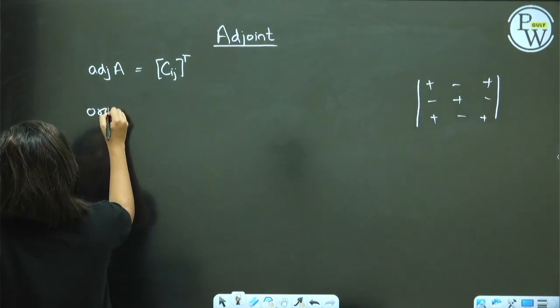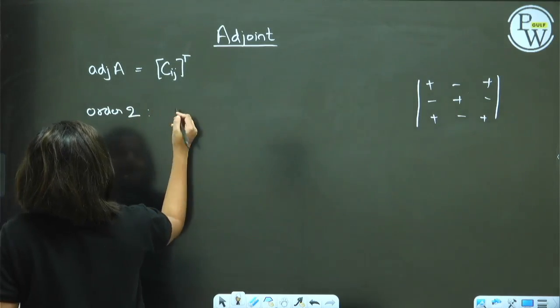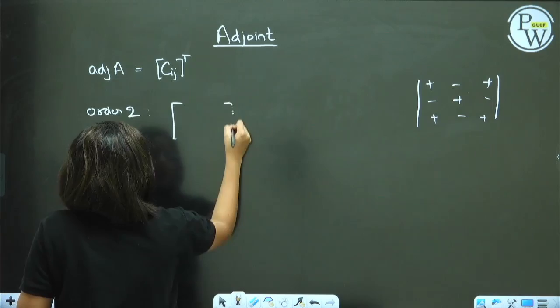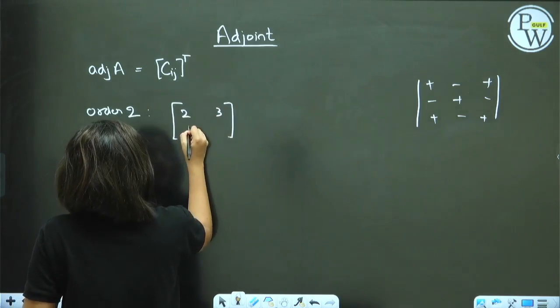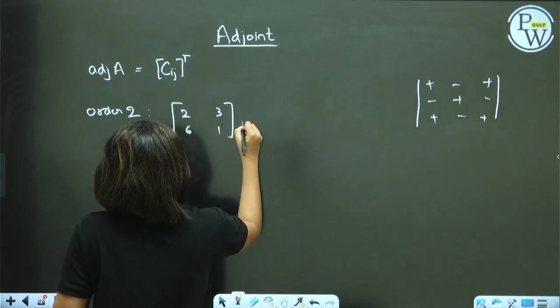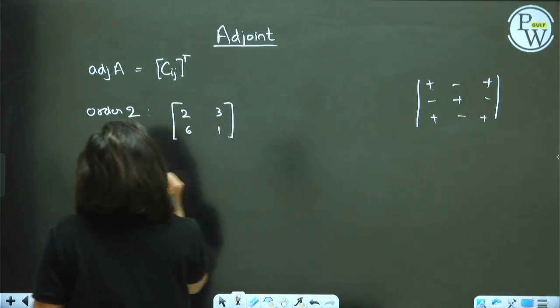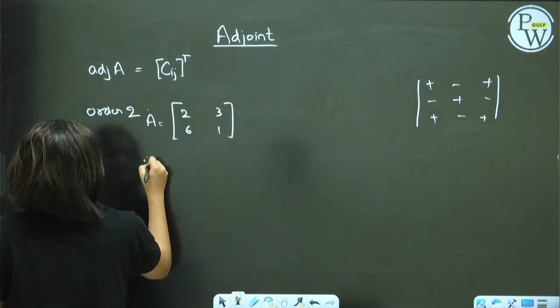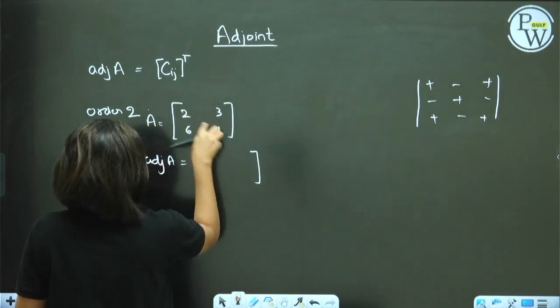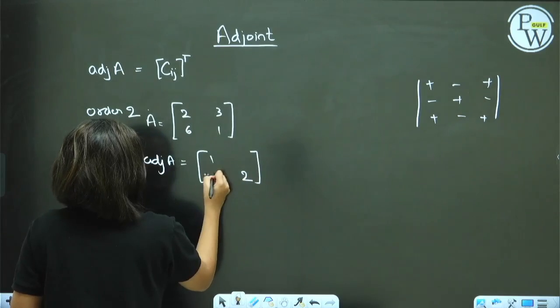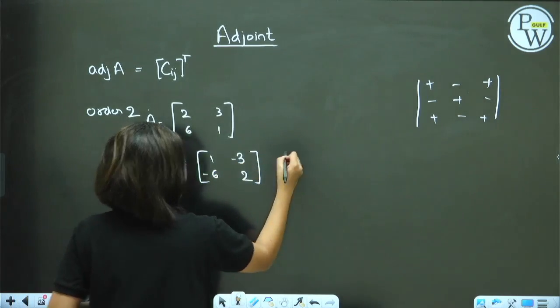Yes, for order 2 there is a shortcut. What is the shortcut to find the adjoint of an order 2 matrix? Example, this is 2, 3, 6, 1. If we want to find its adjoint, you interchange the diagonal elements and change the sign of the off diagonal elements.